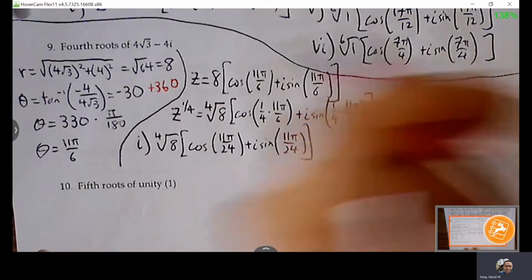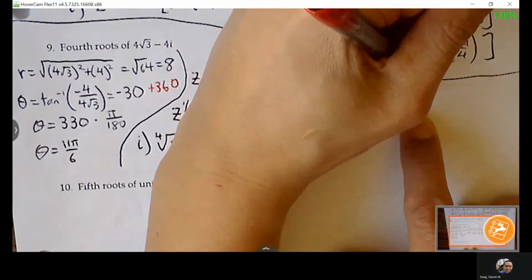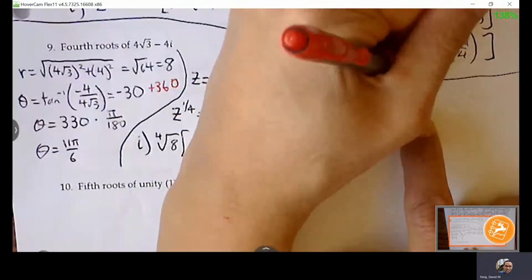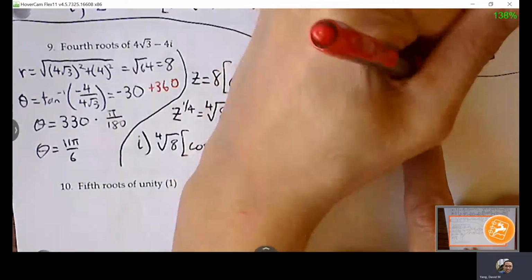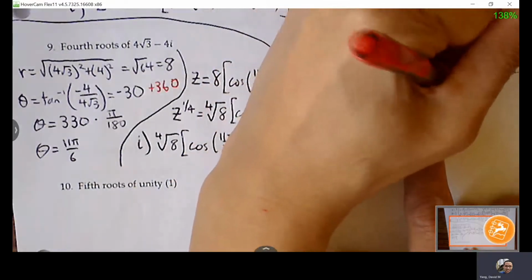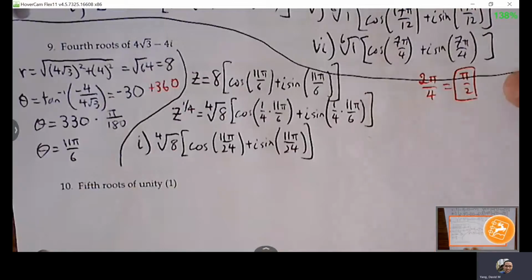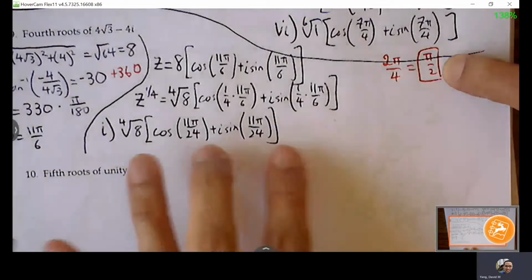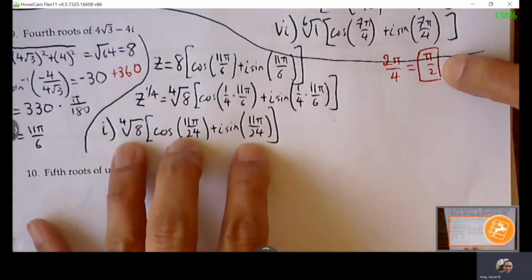So how do I get there? Yeah, 2 pi divided by 4, which is pi over 2. So you know that every answer is going to be separated by pi over 2. So you keep everything the same with your first solution.